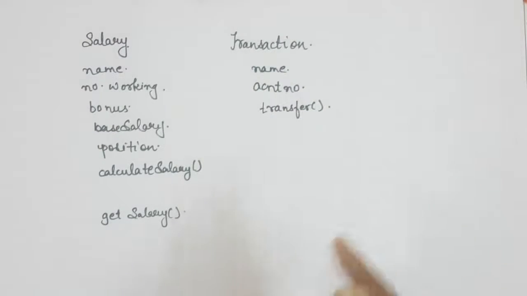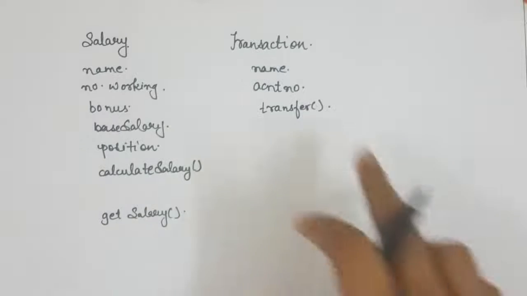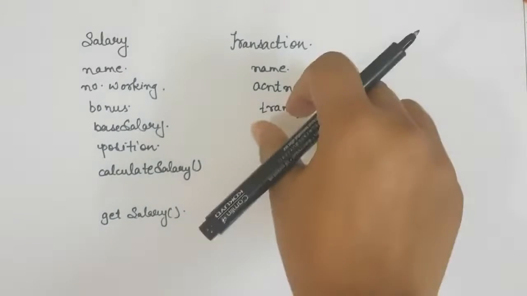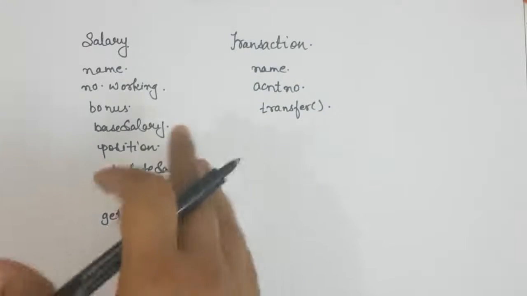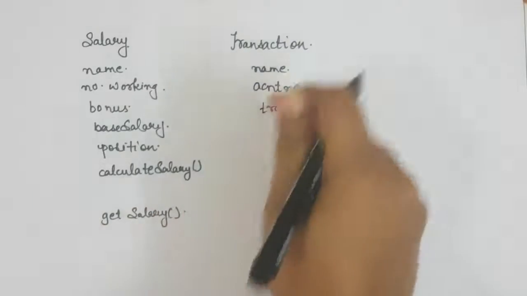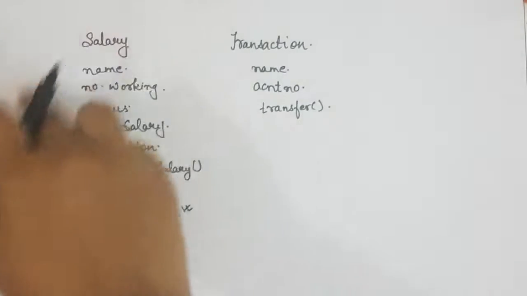Now in order to transfer the salary, the transaction department needs to know what the salary is. To know the salary, it will just call get salary from the salary department.